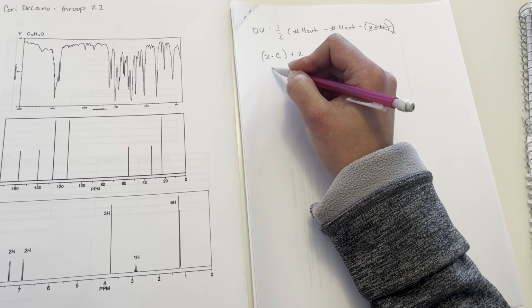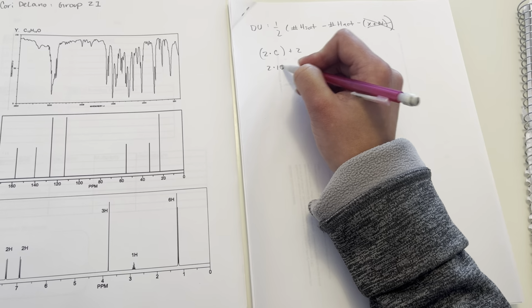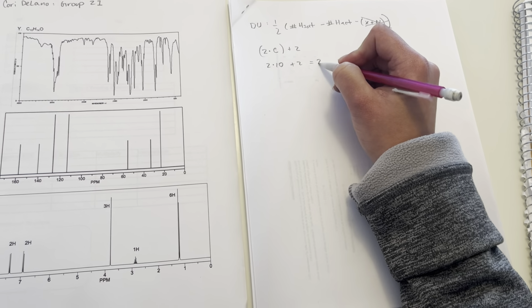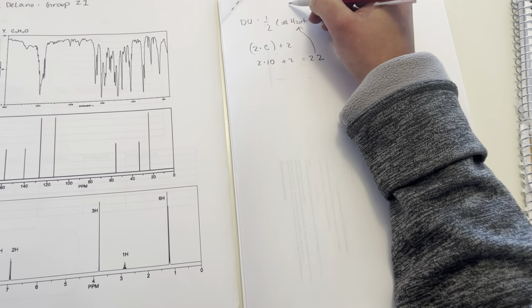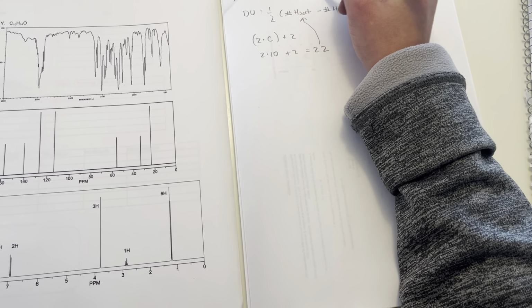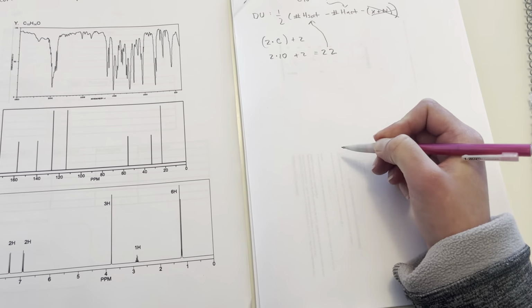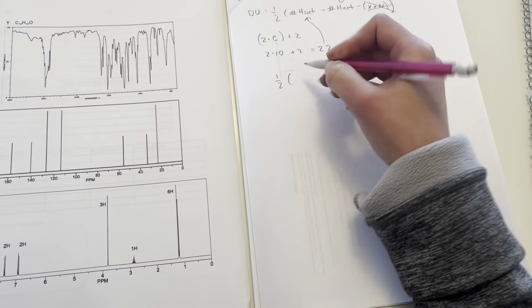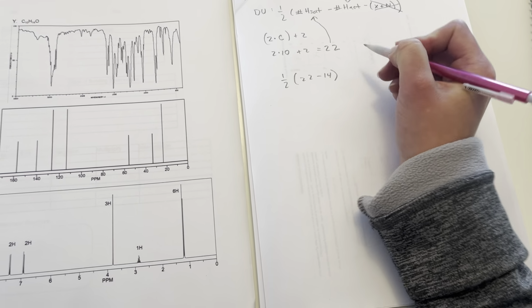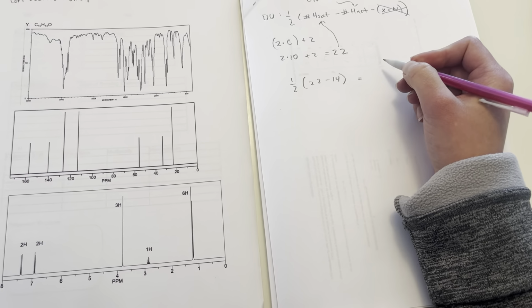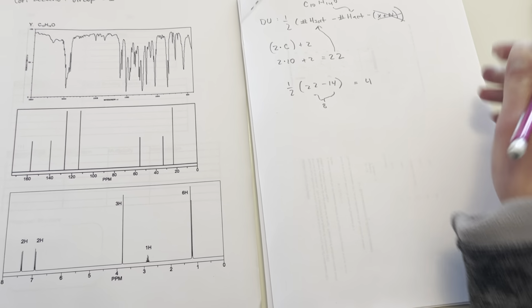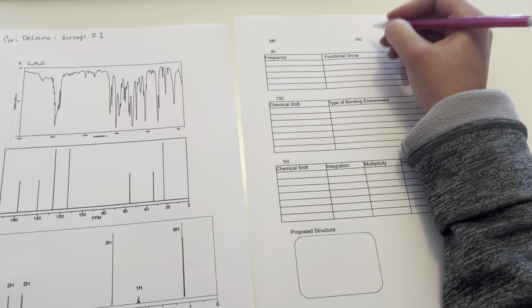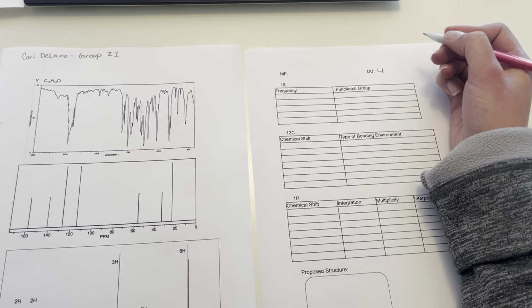We have 10 carbons, so 2 times 10 plus 2 is 22. We plug that back in up here, and the formula is C10H14O, so the 14 goes here. That looks like 1/2 times 22 minus 14, which is 1/2 times 8, so this becomes 4. We can plug that into the worksheet here: the degrees of unsaturation is 4.